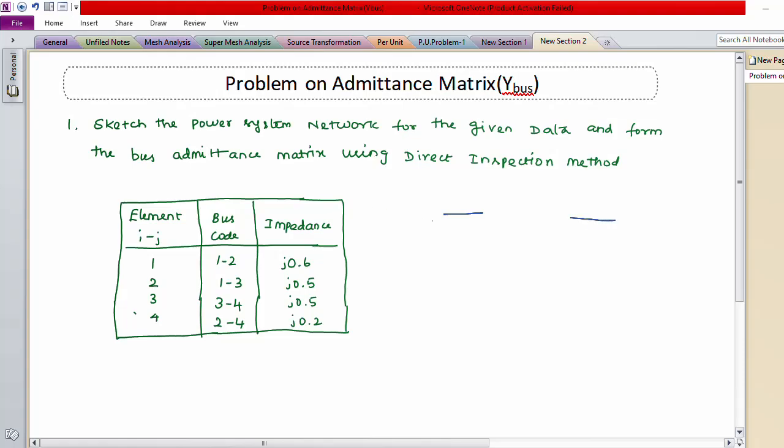For example, you can take this is bus number 1, this is bus number 2, this is bus number 3, this is bus number 4. Now we have to connect the line. Bus number 1 to 2, the impedance is J0.6.